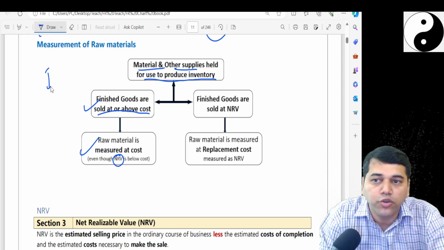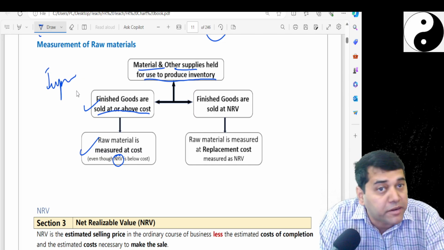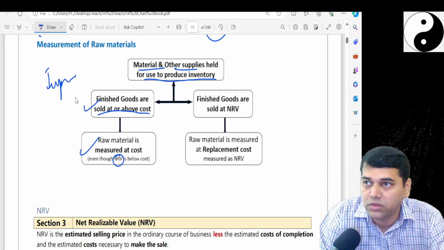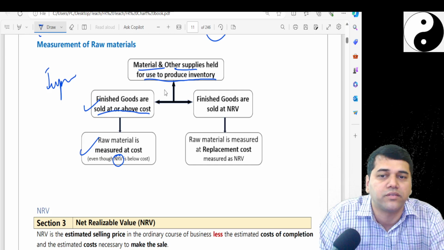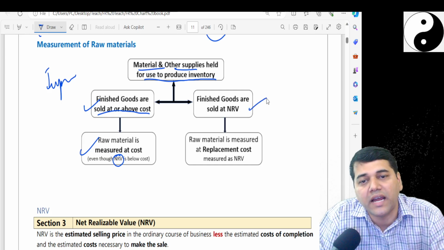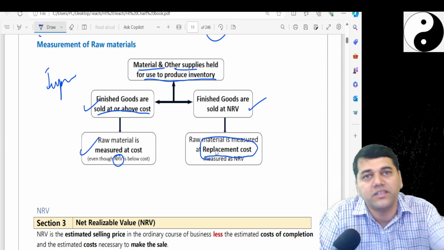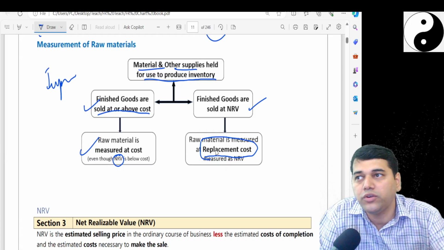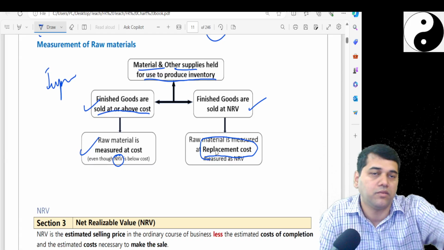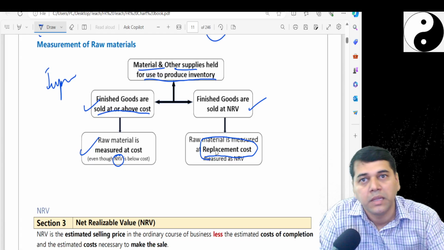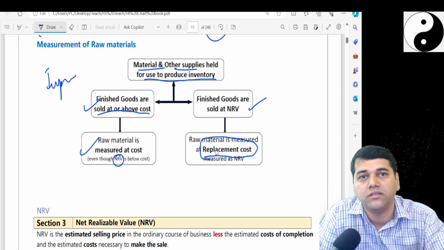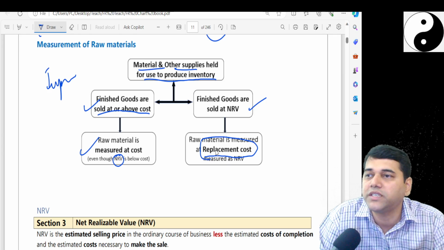The same principles you follow during the impairment of PPE or CGU will be applied here. And if the finished goods are sold at NRV, then raw material shall be at the replacement cost, because you cannot sell the raw material, but at what value you can replace it, that is its market price. So you should measure it at its NRV.